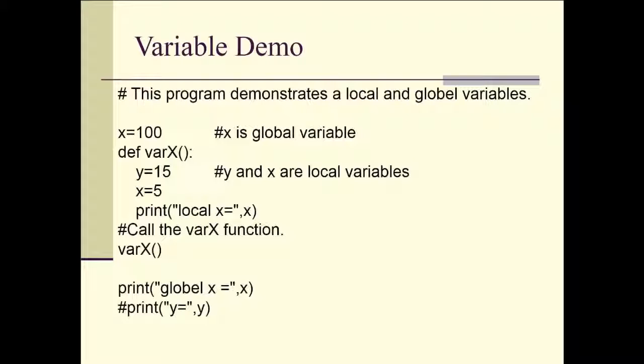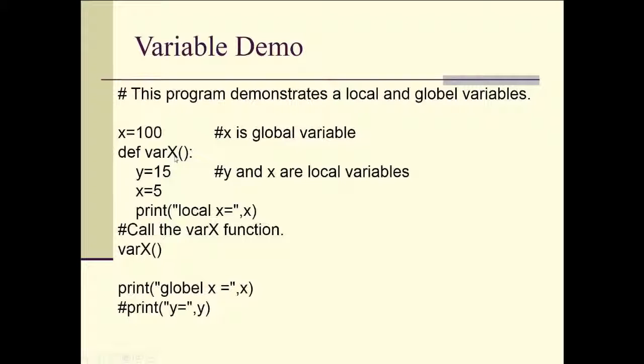Okay, take a look at this program. This is written in Python as well. We'll try to stay with that language. Now, if you'll notice here, we have a variable x equals 100. That's going to be an outside variable, or a global variable. Then we've got a function var x.